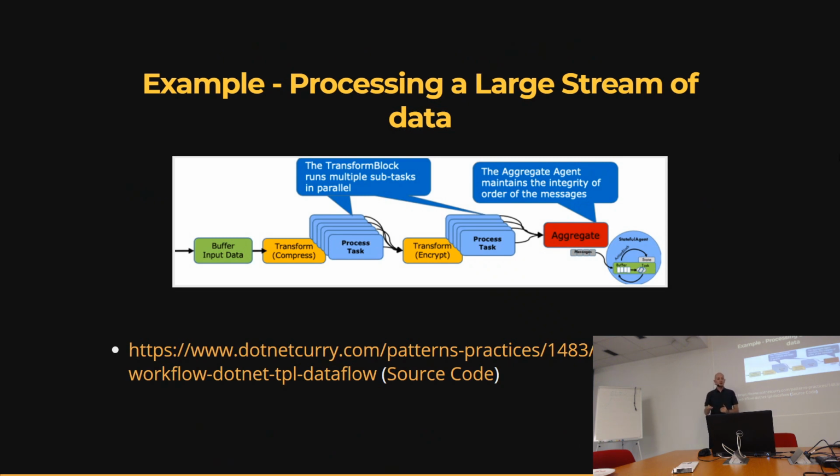So this example shows you how you can chop the file into different chunks, how you can compress the chunks in parallel. Then you will encrypt them, and then you will send them over a network, and also shows you how you can aggregate these.